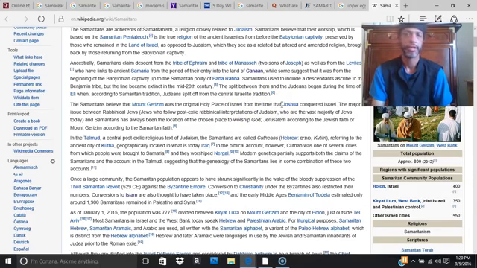The major issue between them and rabbinical Jews, who follow post-exile rabbinical interpretations of Judaism and are the vast majority of Jews today, is the location of the chosen place to worship God: Jerusalem according to the Jewish faith, or Mount Gerizim according to the Samaritan faith. Okay, so one group of Canaanites think it's Jerusalem, one group of Canaanites think it's Mount Gerizim.